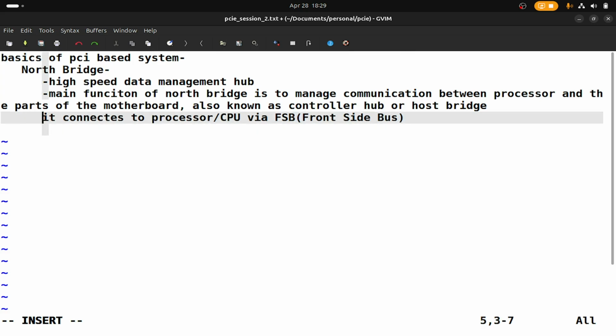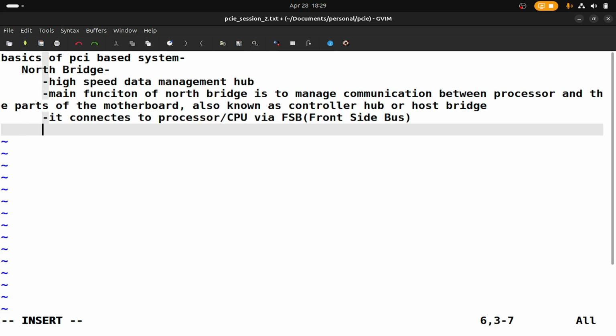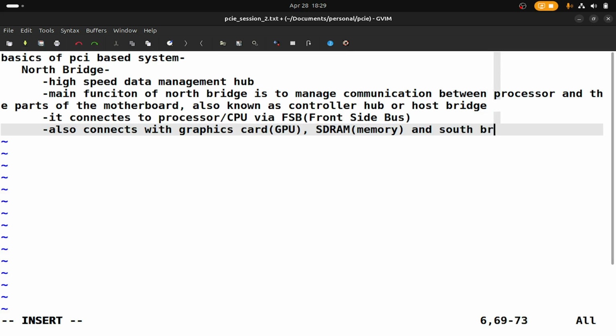Next point is it also connects with the graphics card, or you can say GPU. Both are the same actually. HDRAM, that is memory, and South Bridge for further connectivity.